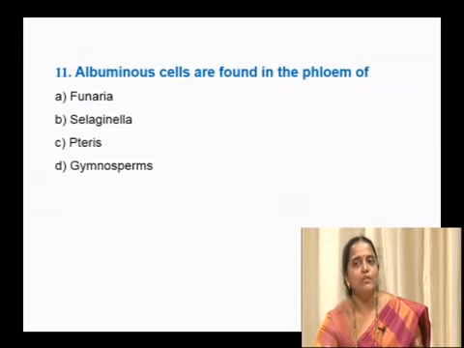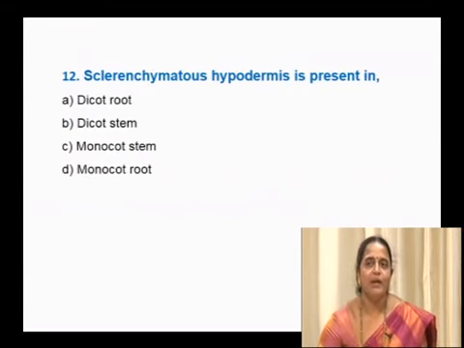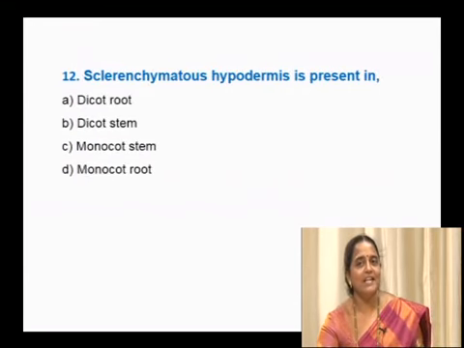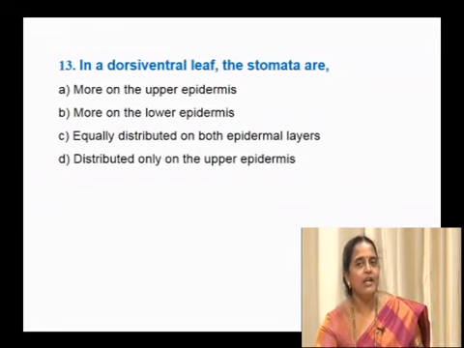So, these albuminous cells are associated with the phloem in gymnospermae. The sclerenchymatous hypodermis is present in, definitely, a monocot stem for giving mechanical support. In a dorsiventral leaf, it is a dicot leaf where stomata are always towards the lower epidermis to prevent excess loss of water from the upper side.